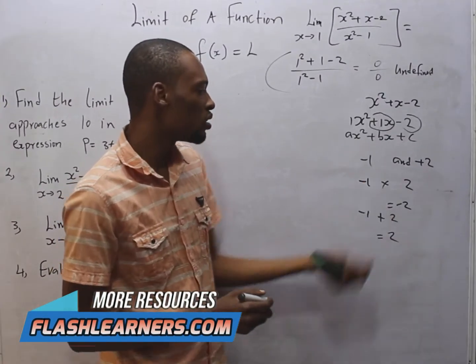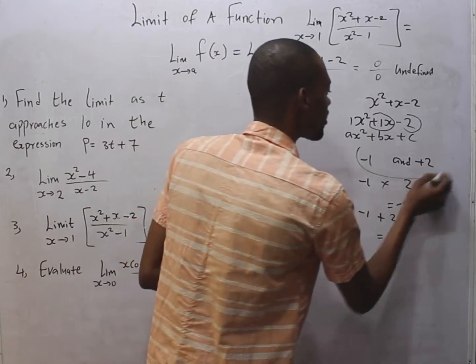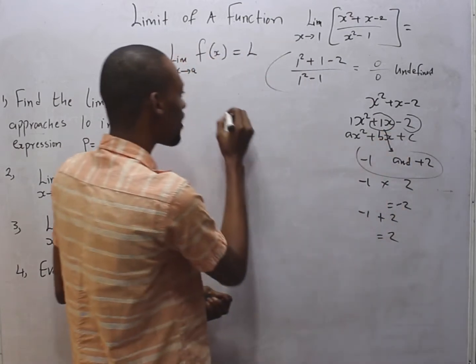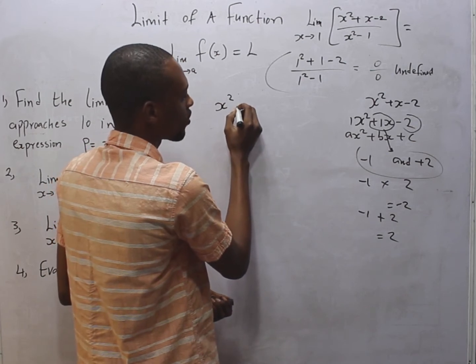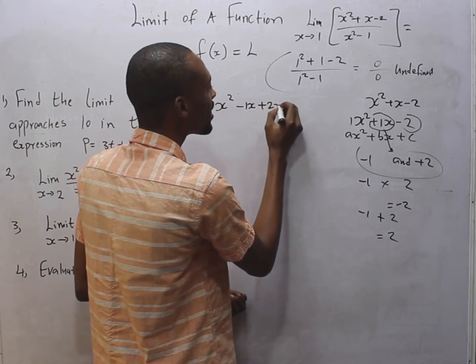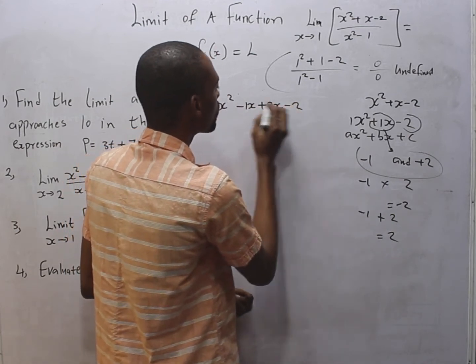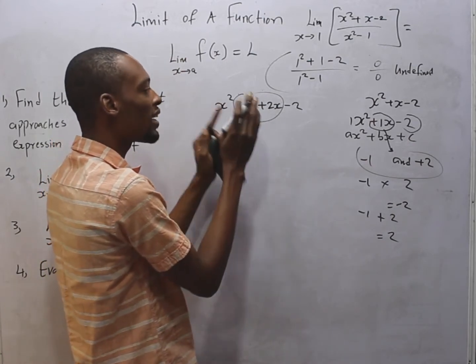So these are the two numbers, minus 1 and plus 2. We simply replace here with them to have s squared minus s plus 2s minus 2. So these are the numbers that when we add, we get 1s.